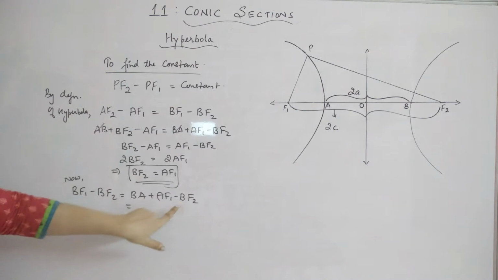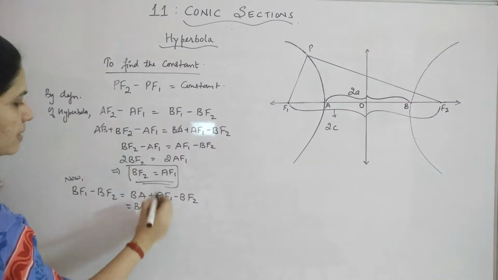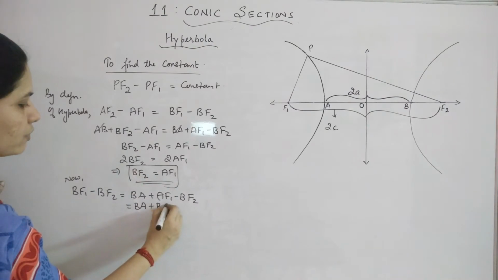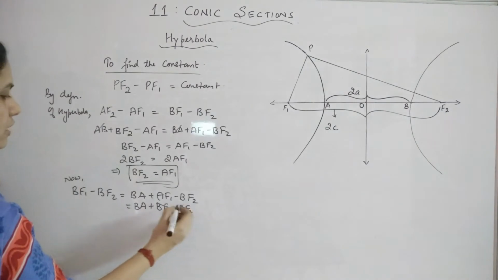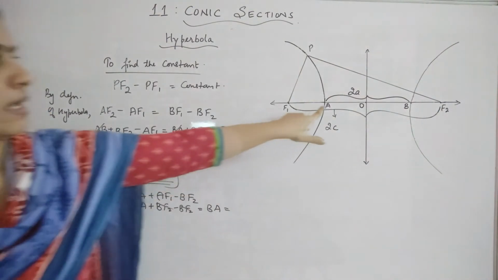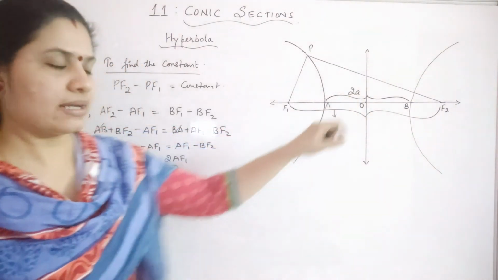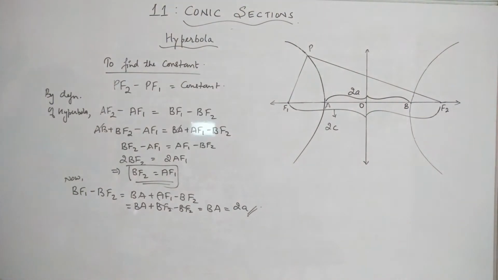That means these two will get cancelled, or you can just replace the value so that you can cancel. BA plus AF1 can be written as BF2 minus BF2. These two get cancelled and you are getting BA. Now what is BA? Just see, BA is 2A. So that constant is 2A. As in the case of ellipse, where we also took that constant to be 2A, here also you are getting the constant to be 2A.